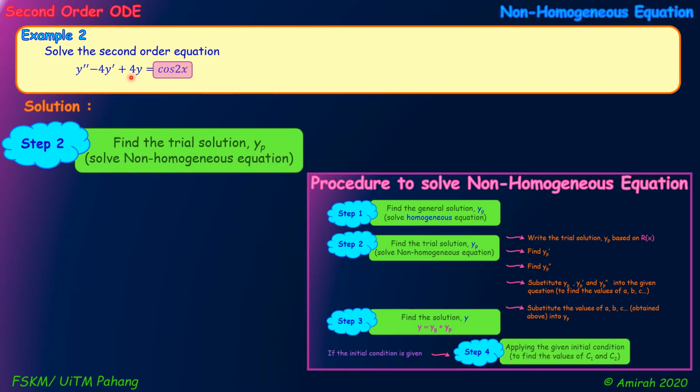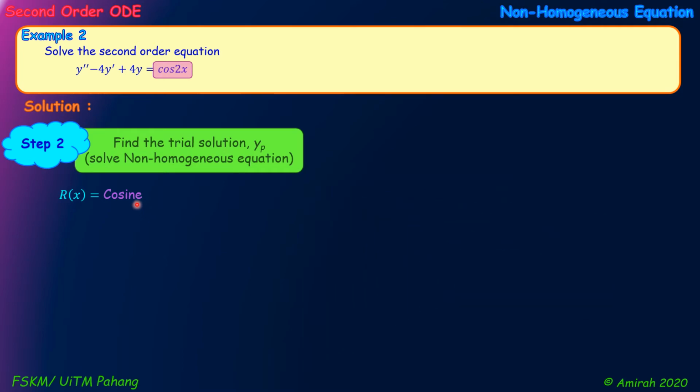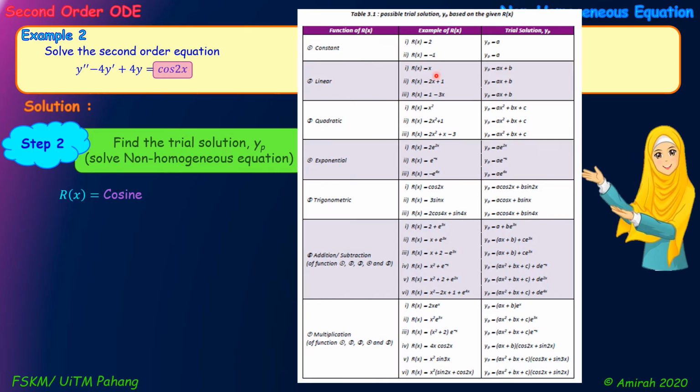From the given question, we have the right hand side equals cos 2x, which is cosine. We can refer to this table. If Rx is cosine or trigonometric, then the trial solution Yp equals A cos 2x plus B sin 2x if the angle is 2x.